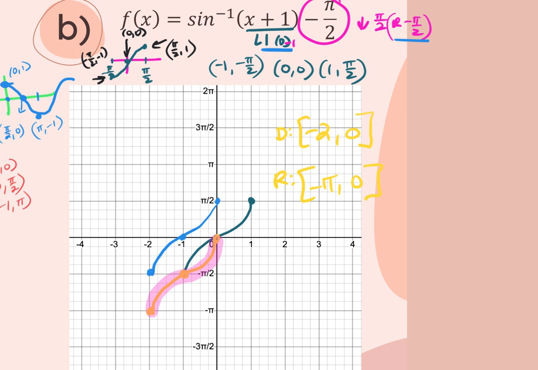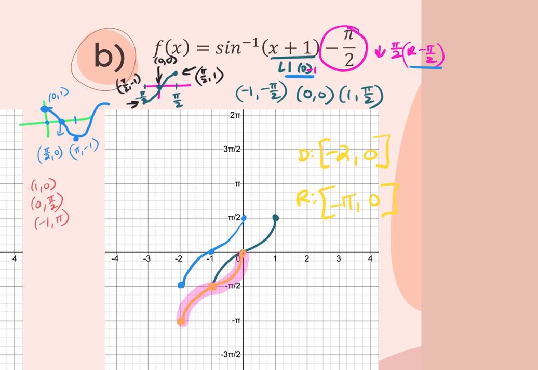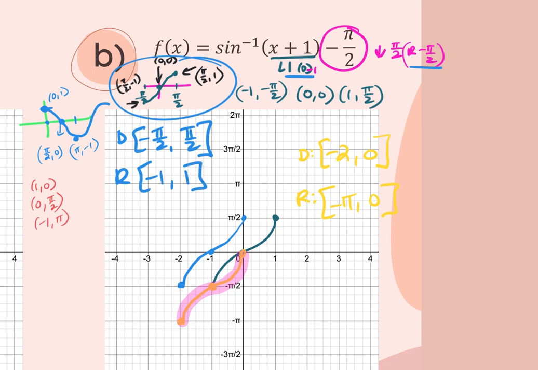And then again, think about it if I didn't have the graph. If I just knew my original sine domain and range, the sine domain is negative pi over 2 to positive pi over 2. That's where we pick our points from when we do the inverse. And the range is -1 to 1. So this would switch for the inverse.